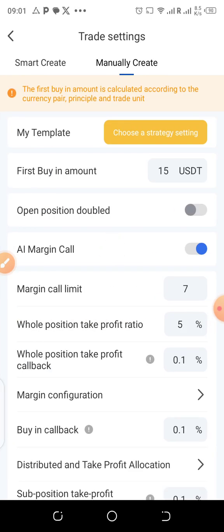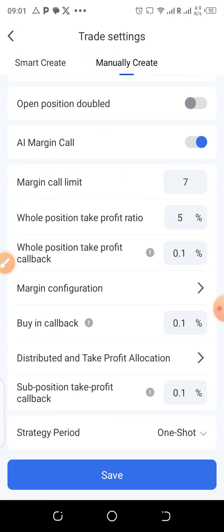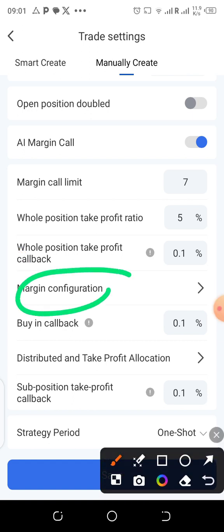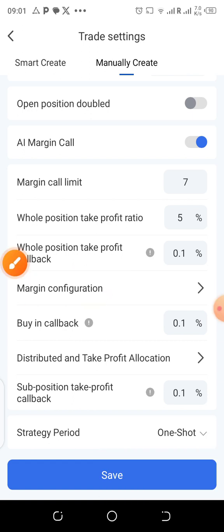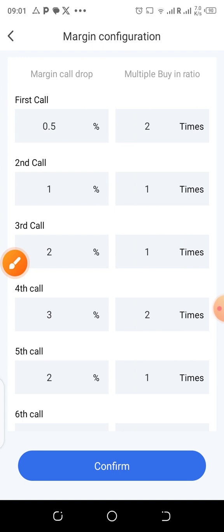In trade settings, there is this one, the buy in callback. What does it mean? The buy in callback is 0.1. So if we go to the margin configuration, this is what is going to happen.